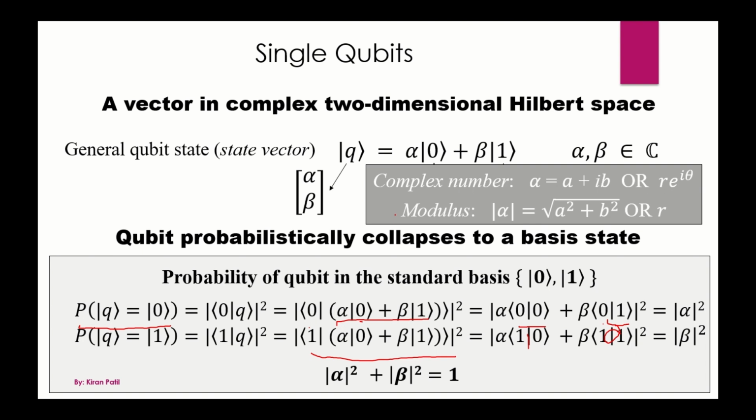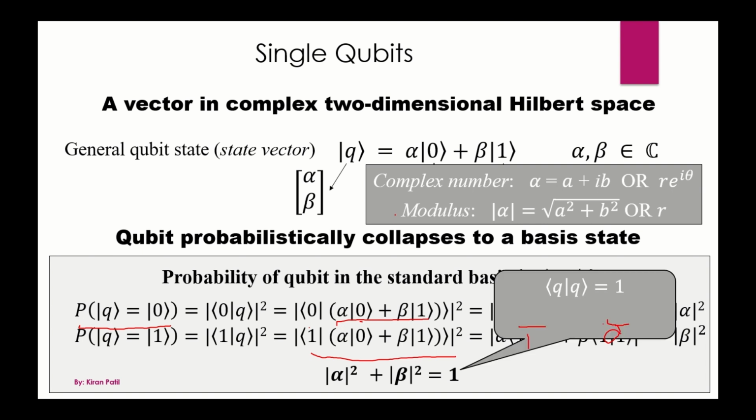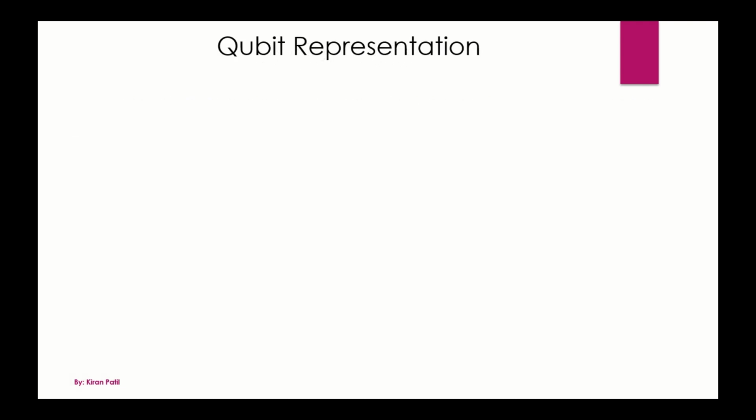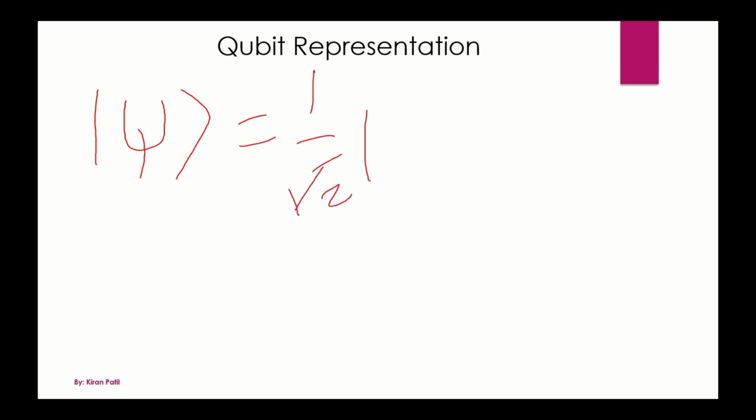How is alpha square plus beta square equal to 1? To understand this, we will take one small example. Suppose I have taken ket psi is equal to 1 by root 2 of ket 0 plus i by root 2 of ket 1.